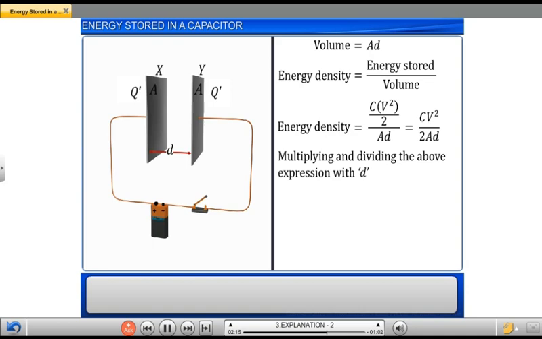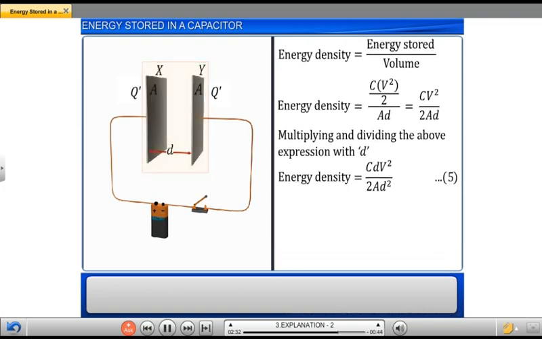Multiplying and dividing the right-hand side of this expression with D, we get energy density is equal to half (CD/A) into V squared by D squared. Let this be equation 5. For a parallel plate capacitor, we know that the capacitance C is equal to epsilon naught A by D. Therefore, CD by A is equal to epsilon naught.